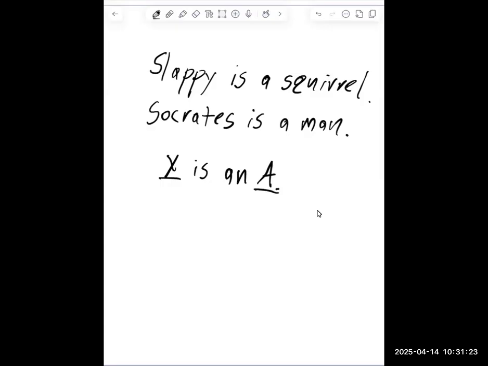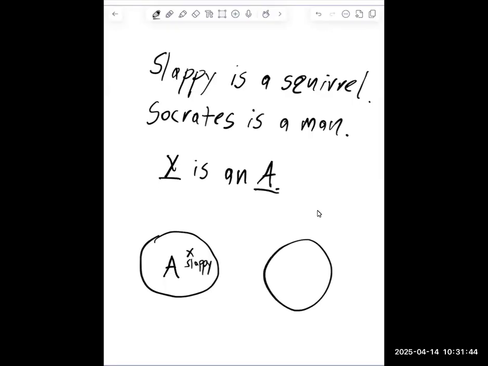The way we would handle it is we might label it. This is just saying Slappy is a squirrel. Well, there is at least one thing that's called Slappy that's in the squirrel group, right? So we can just handle these statements that way. You don't have to always label them, right? But if you see these singular 'X is a whatever' statements, this is the way we'll handle it.